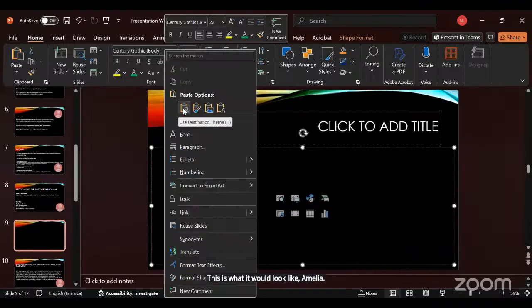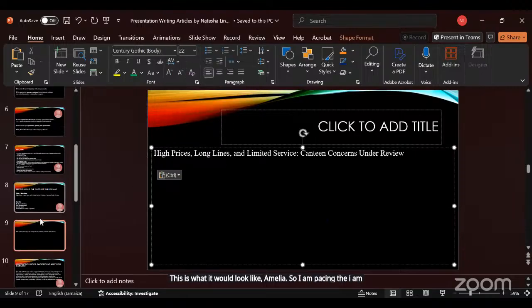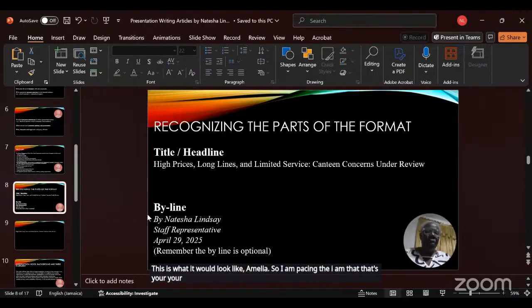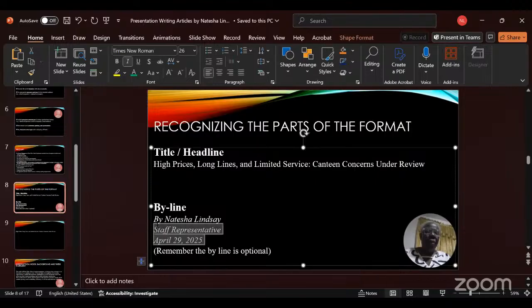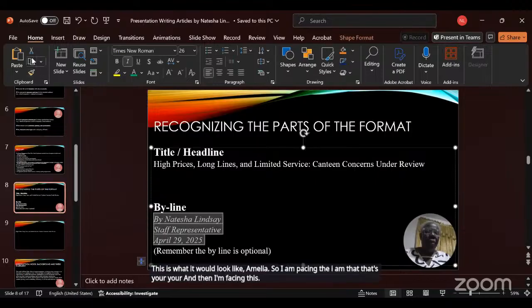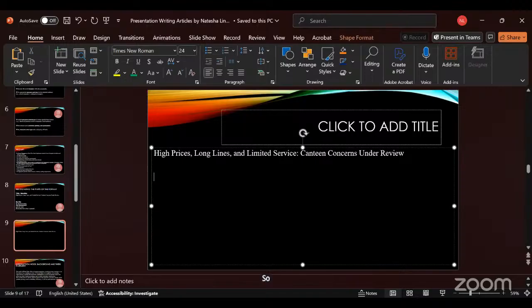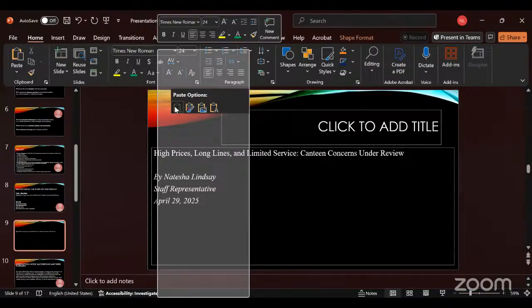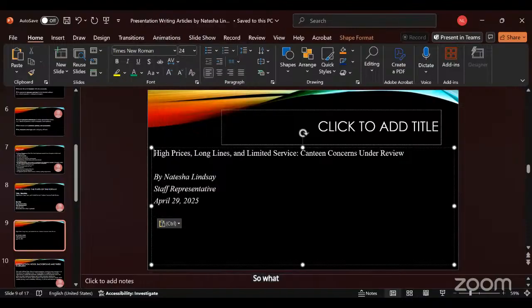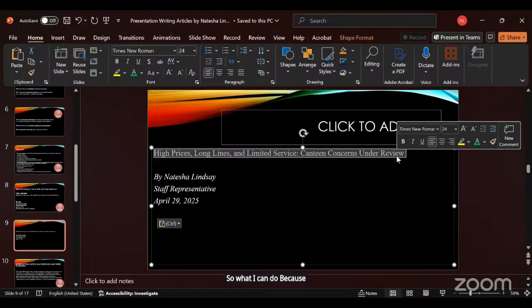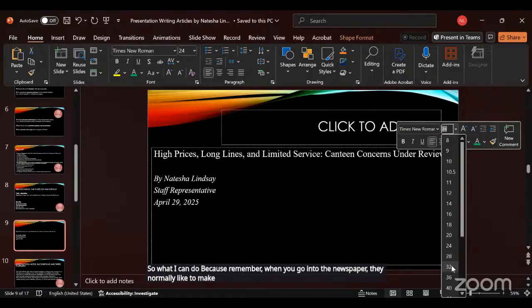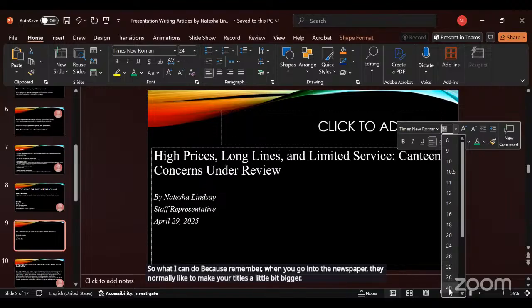So I am pasting that, your title, and then I'm pasting this. So that's my title, and this is my byline. Remember, when you go into the newspaper, they normally like to make your titles a little bit big so that it catches the eye.